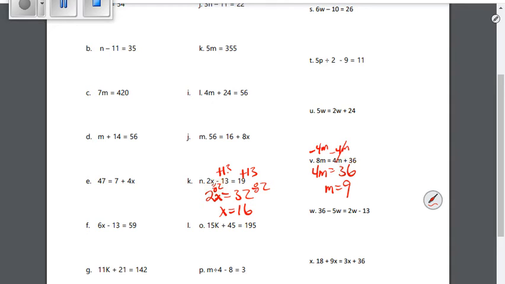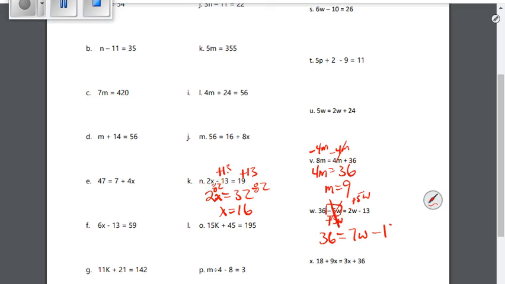Same thing here. Ooh, I don't like negative letters at all, or variables. So instead of minus 5w, I can add 5w. Minus 5w and plus 5w, see you later. But then you have to do the same to this side. And so you get 36 is equal to 5 and 2 makes 7w.